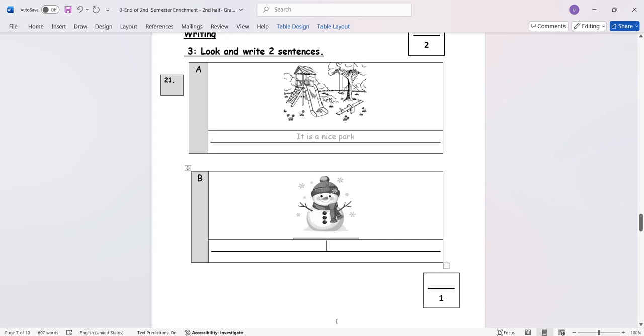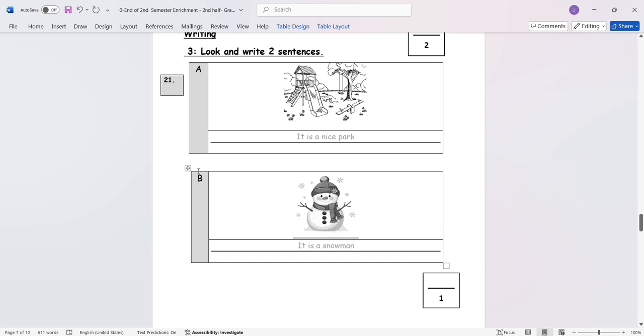Okay, picture B. What can you write about this picture? For example, we can write it's a snowman. It's a snowman.